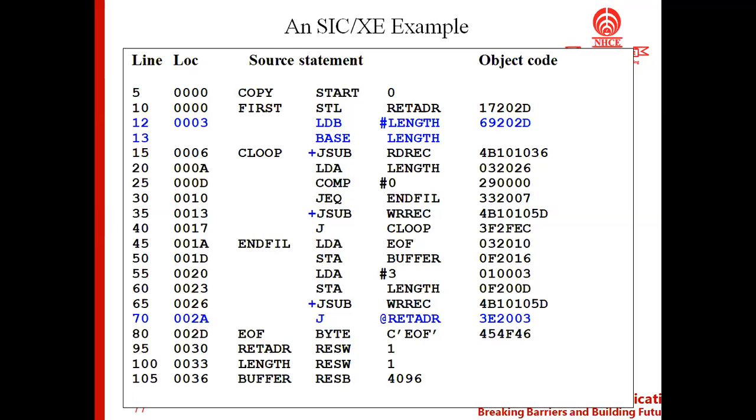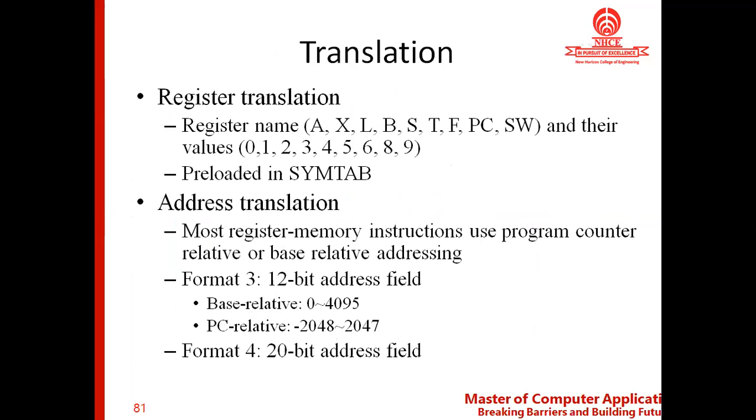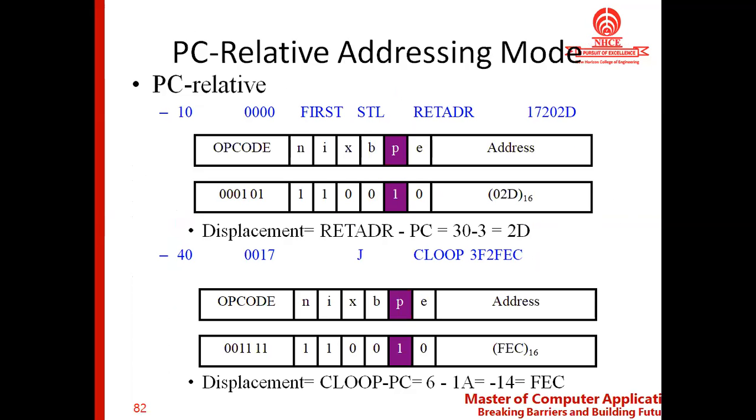Now coming back to the calculation part. As we know, TA minus PC gives the displacement. So when you subtract 001A from 0006, obviously the negative value will be bigger one here, so we have to do the subtraction from the negative number.